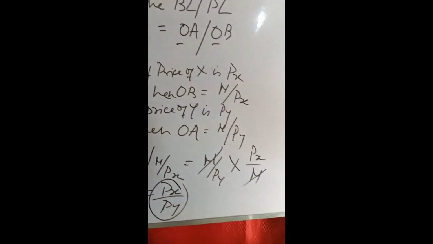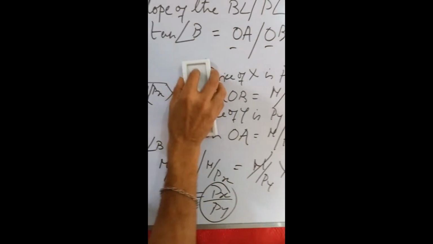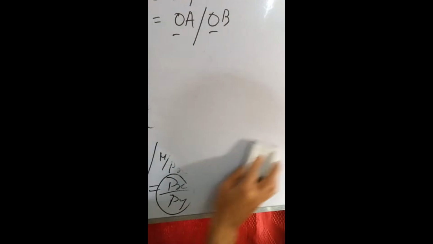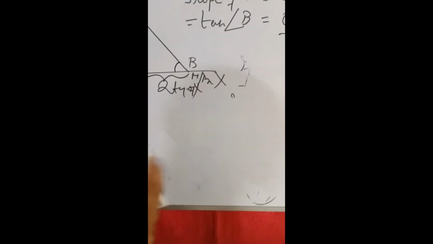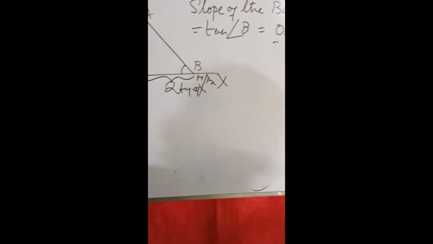Now I am erasing some part so that we can proceed further. Suppose price of X falls, while price of Y and income of the consumer remain constant.